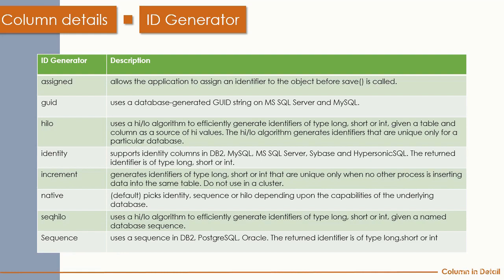And also the sequence. In Oracle, DB2, and PostgreSQL, we can define a sequence to generate the ID. It's similar to native generation, but you can define the range and the generation strategy for different loading and different usage of your database.